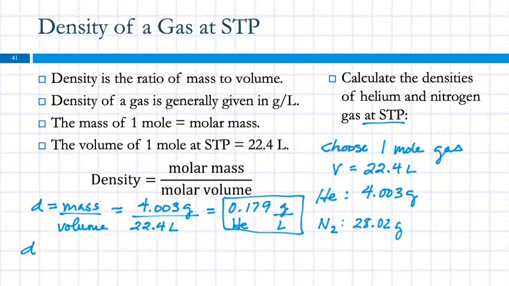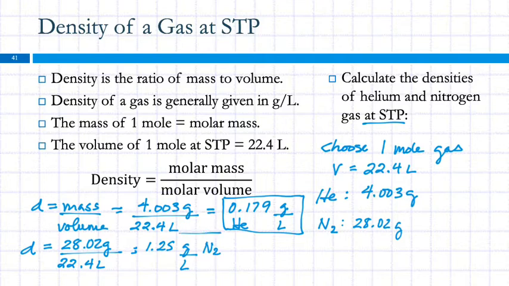So for the density of nitrogen, the mass is different, 28.02 grams. What's the volume of 1 mole at STP? It's still 22.4. So that gives 1.25 grams per liter for nitrogen.